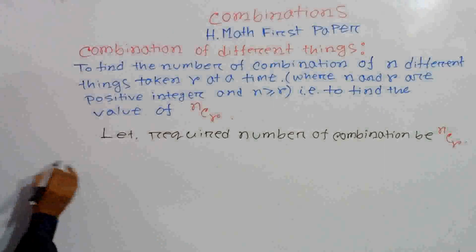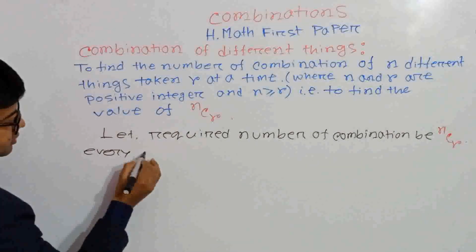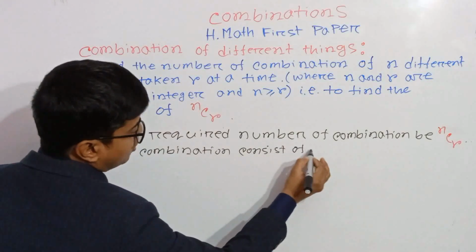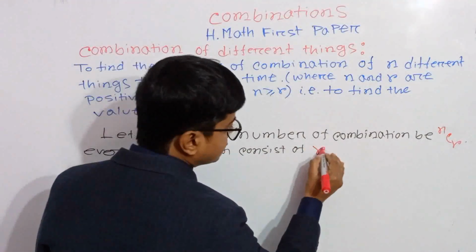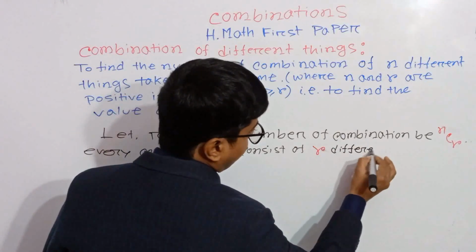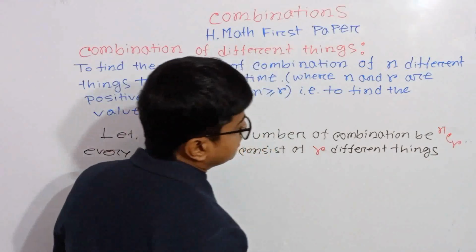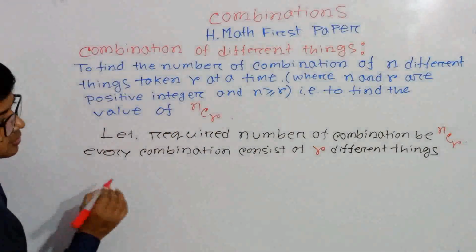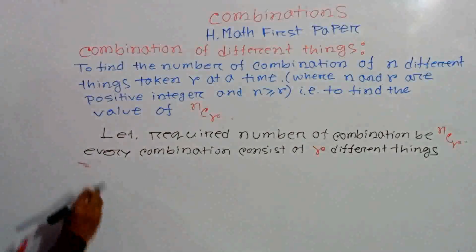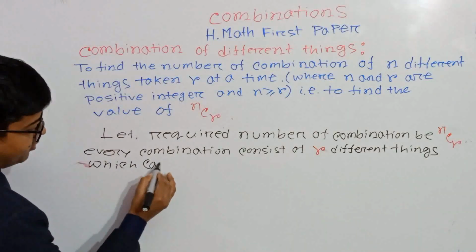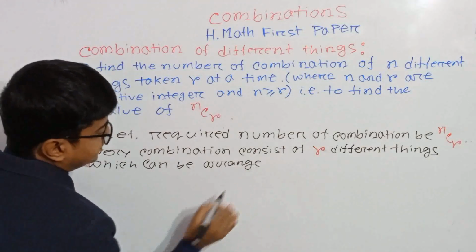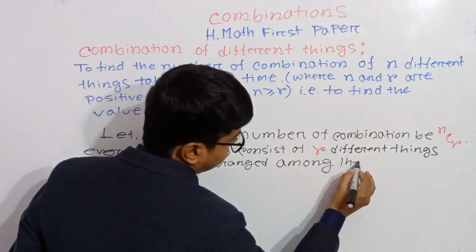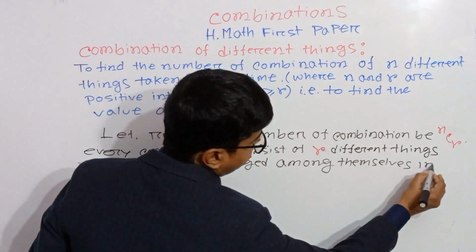We know that every combination consists of r different things, which can be arranged among themselves in factorial r ways.